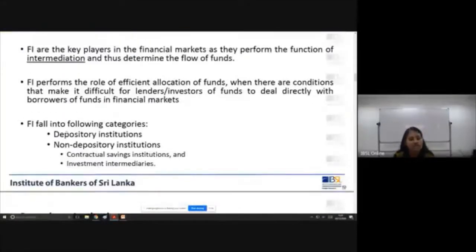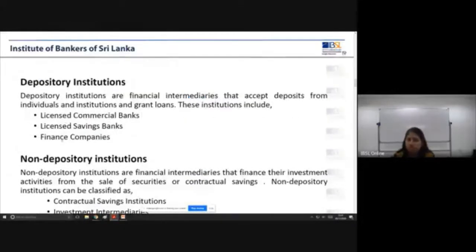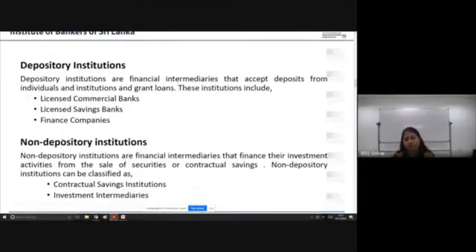These financial intermediaries you can break down broadly into two categories. One is the depository institution, one is the non-depository institution. Depository institutions, just as the name says, accept deposits from individuals and from businesses, and using the deposits they grant loans.